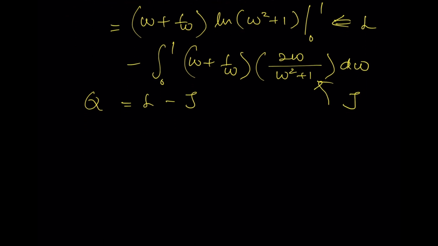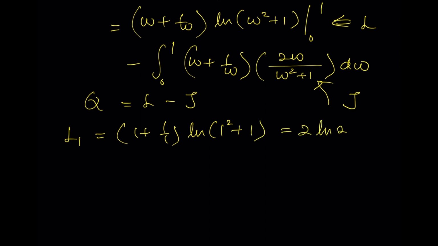Now we focus on L, which is equal to L1 minus L0. L1 is quite easy. We can just put W equals 1 into the equation for L, which is equal to 1 plus 1 over 1 multiplied by natural log of 1 squared plus 1, which of course equals 2 natural log 2.